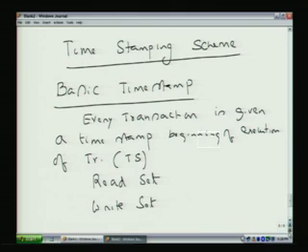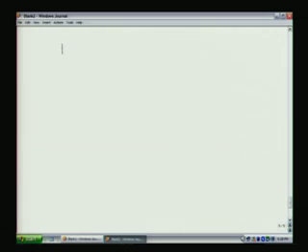For example, let us take a simple case of looking at a data item X, which is in the database. Now, each data item will have 2 timestamps corresponding to it. One is the read timestamp.